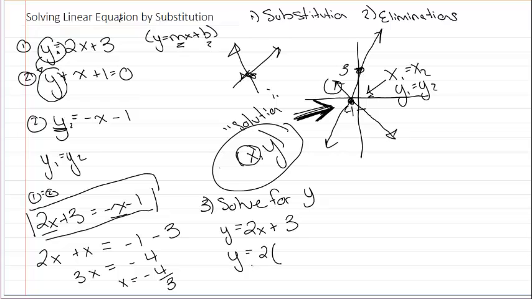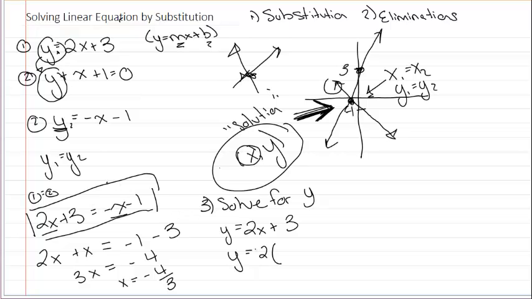Now remembering that x is negative 4 over 3, I can plug that in here. And that makes sense because remembering that the lines intersect, I have found that x-intersection. I have found at what x value both the lines intersect, and that's negative 4 over 3.